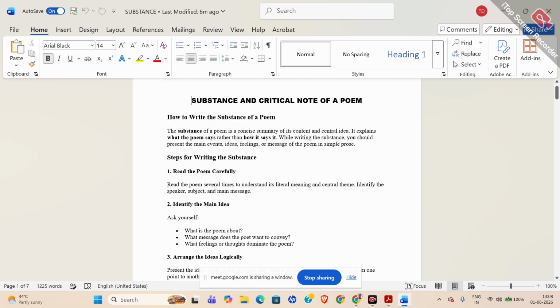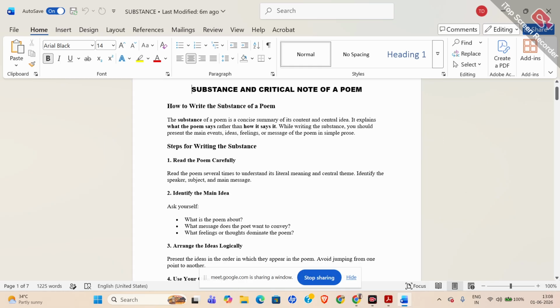Now we'll have to understand what is meant by a substance. Substance, এটা জিনিসটা কি? Now, obviously, you are going to be given a poem. So let us read how to write the substance. The substance of a poem is a concise summary of its content and central idea.